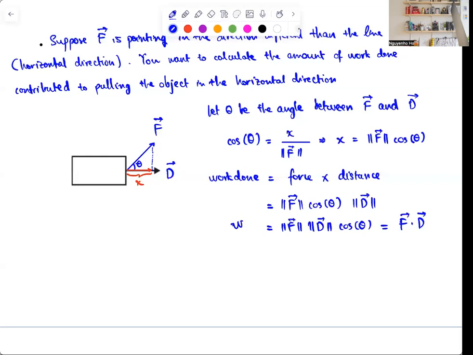If F goes along with D, in the same direction as D, then this is going to be positive, right? If F is against D, the dot product is negative. And if F is applied at an angle compared to D, then... all right. Any questions? Yes.